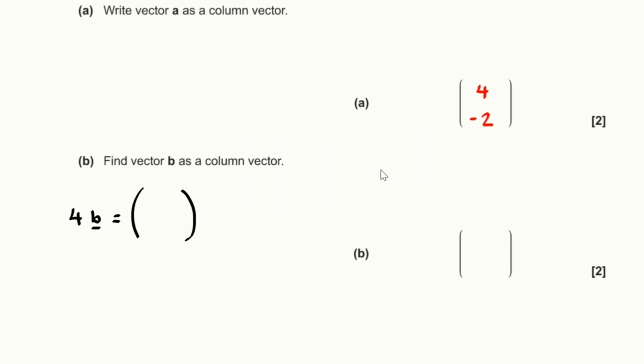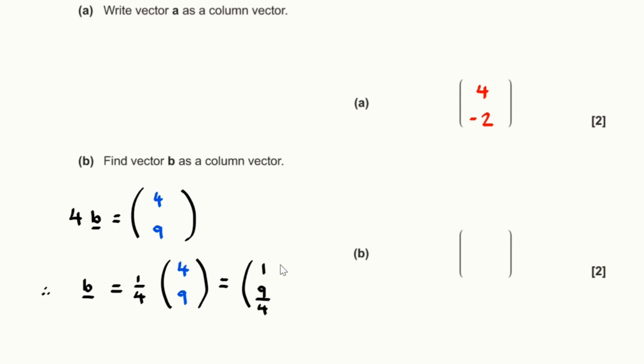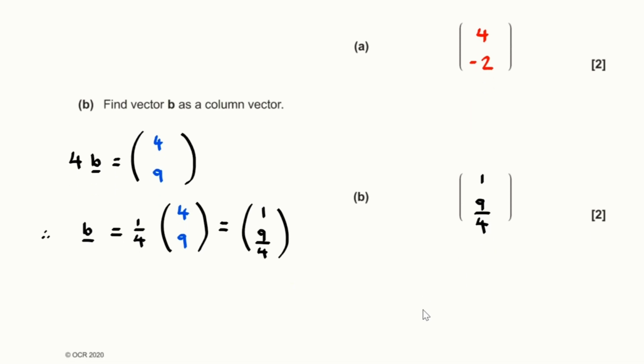So the vector 4B is equal to (4, 9), and therefore the vector B is equal to 1/4 of (4, 9), which is equal to (1, 9/4). So I've got 1 and 9/4.